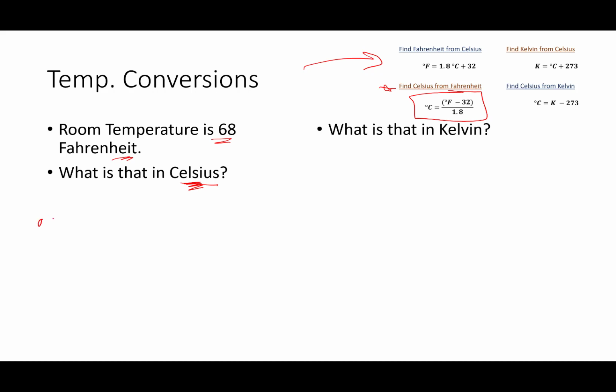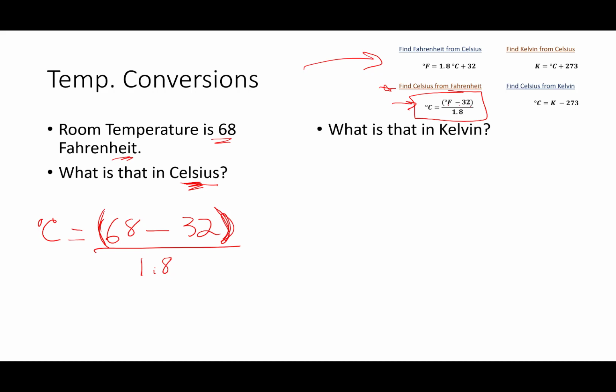So degrees Celsius is going to be the degrees Fahrenheit, which is 68 minus 32, and I'm getting this from this equation up here, 68 minus 32, in parentheses, divided by 1.8. If you remember your rules for math, always do the things in parentheses first before you do the division.